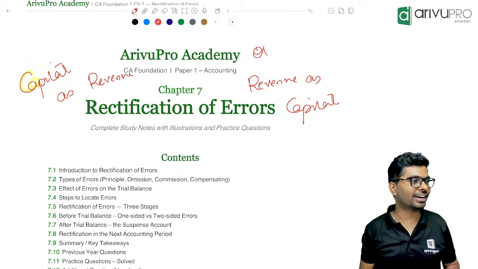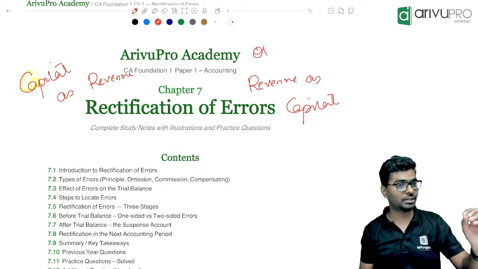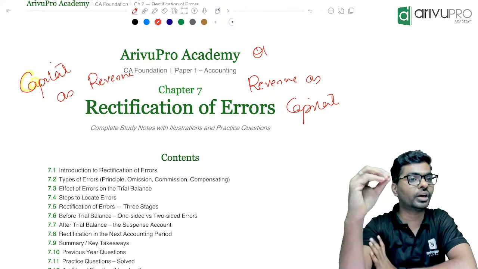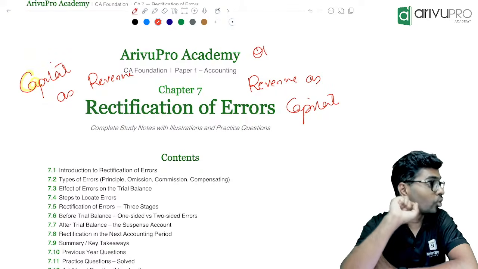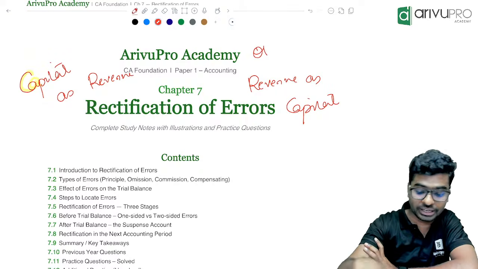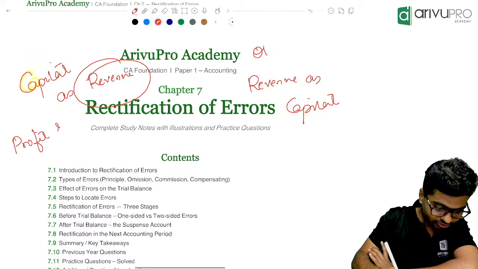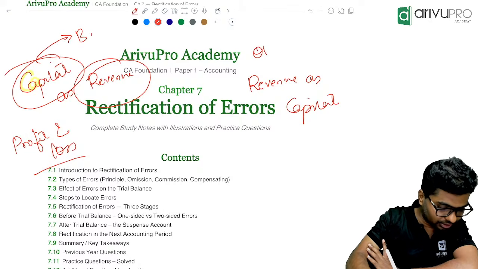What is error of principle? Capital item treated as revenue, revenue item treated as capital. Let's try to understand in a simpler manner. Where does a revenue item appear in financial statements? In my profit and loss account. Where does capital appear?